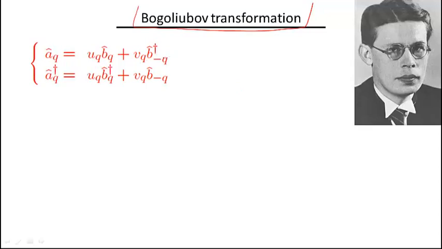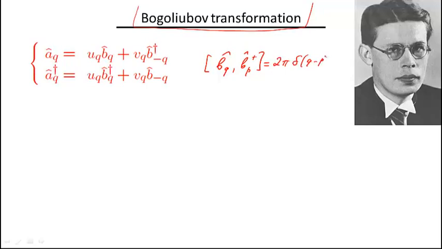I can call them such, but this should have a precise mathematical meaning. The precise meaning is that if I have b of q and b of p dagger, the commutator should be 0 if q is not equal to p, and it should be a delta function otherwise, so infinite in some sense. So this is what I'm looking for.